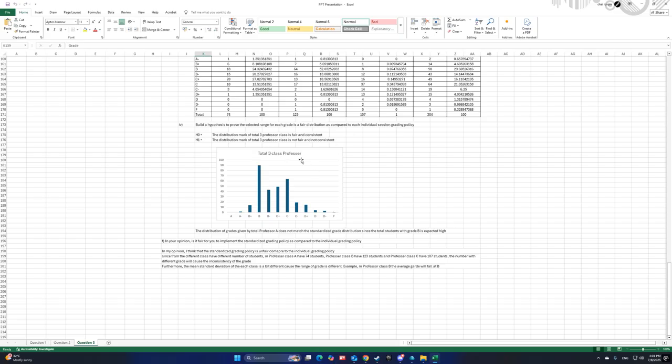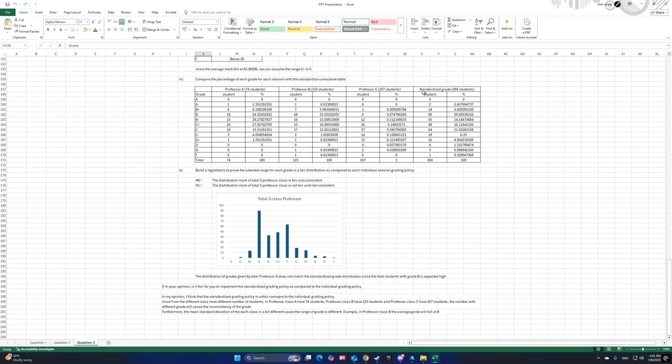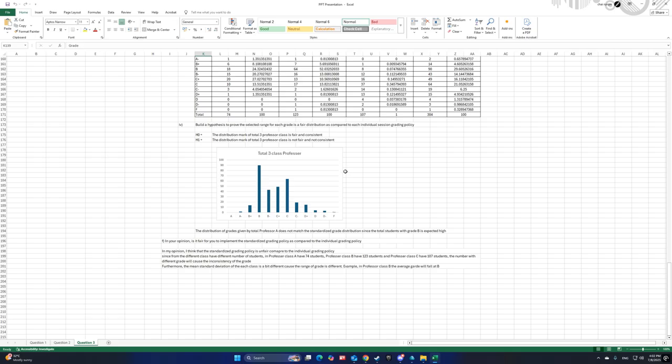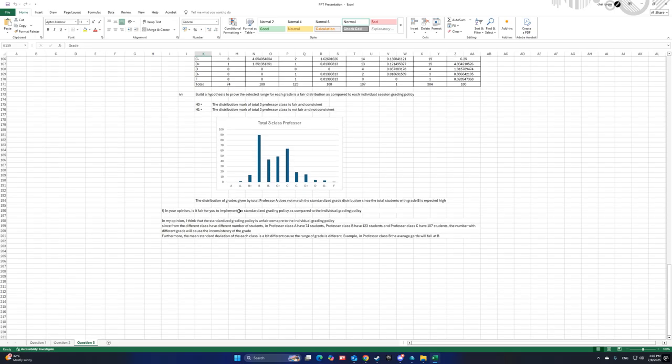However, from the graph we obtained from the accumulated standard grade of the students, we can see the total grade distribution also matches the standardized one, because the standardized grade distribution for the total student grade is expected to be higher. So this one is not a normal distribution table.